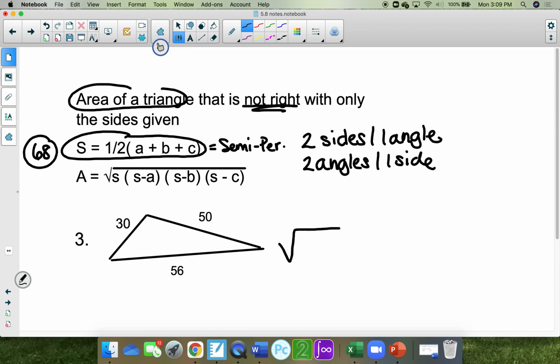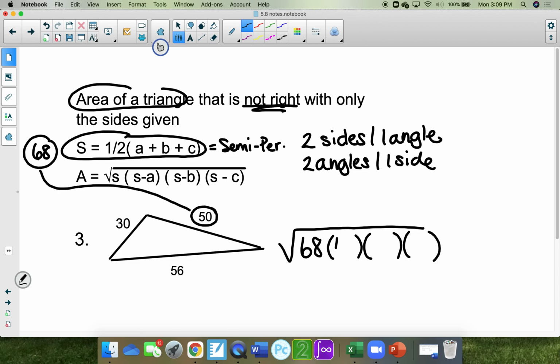And then for the formula, the semi-perimeter goes underneath the square root, and then you put 3 more parentheses. How far is 50 from 68? 18. How far is 30 from 68? 38. And how far is 56 from 68? 12.